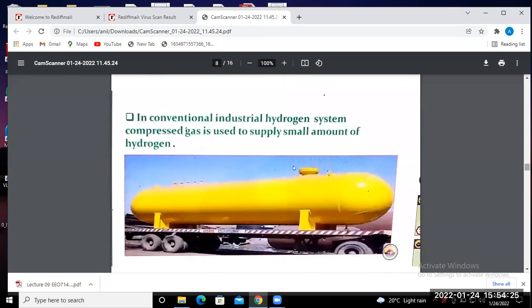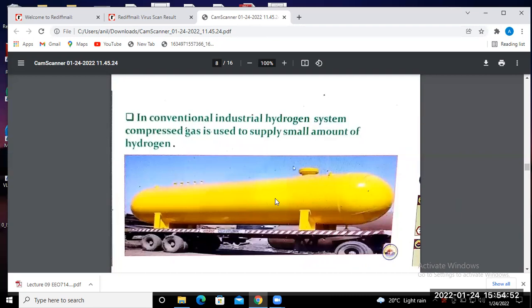So in conventional industrial hydrogen systems, compressed gas is used to supply a very small amount of hydrogen. For transportation purposes, you may use a large vehicle where you install the cylindrical structure for hydrogen gas, and carry the hydrogen gas from one place to another.